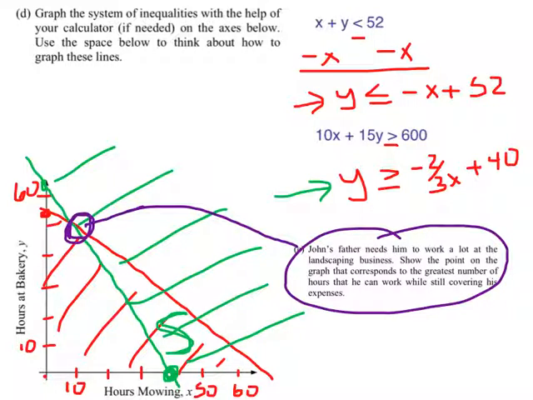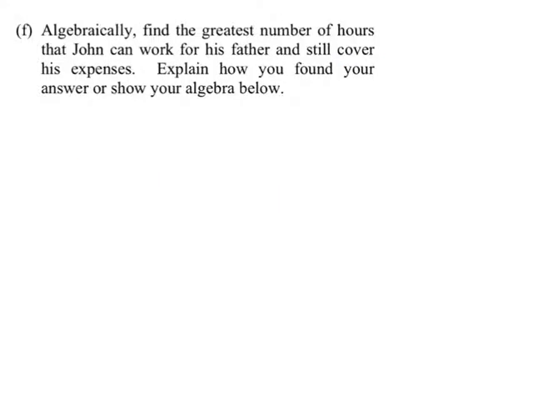Now we've got one more, part F. In part F, they want you to algebraically show the greatest number of hours that John can work at his father's and still cover his expenses. And as I said on the graph in part E, it's where the two meet. So bottom line is where those two equations are going to meet.